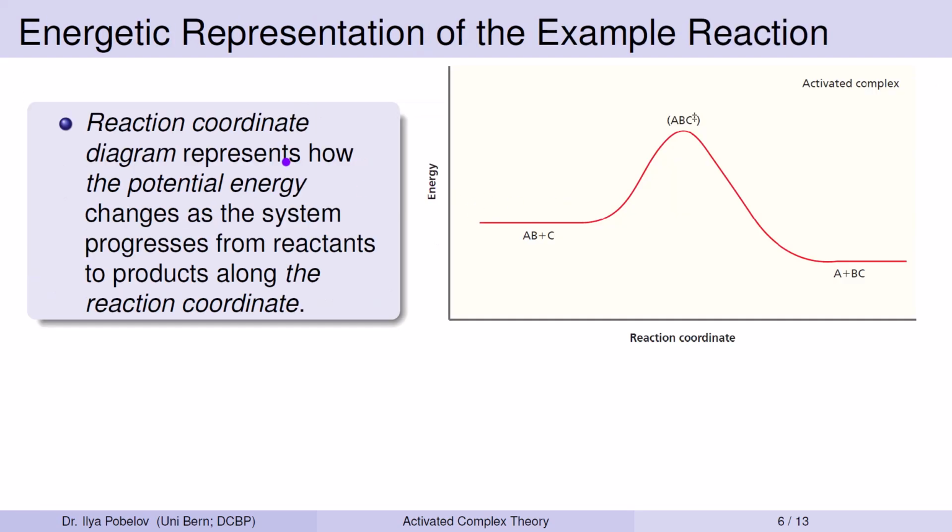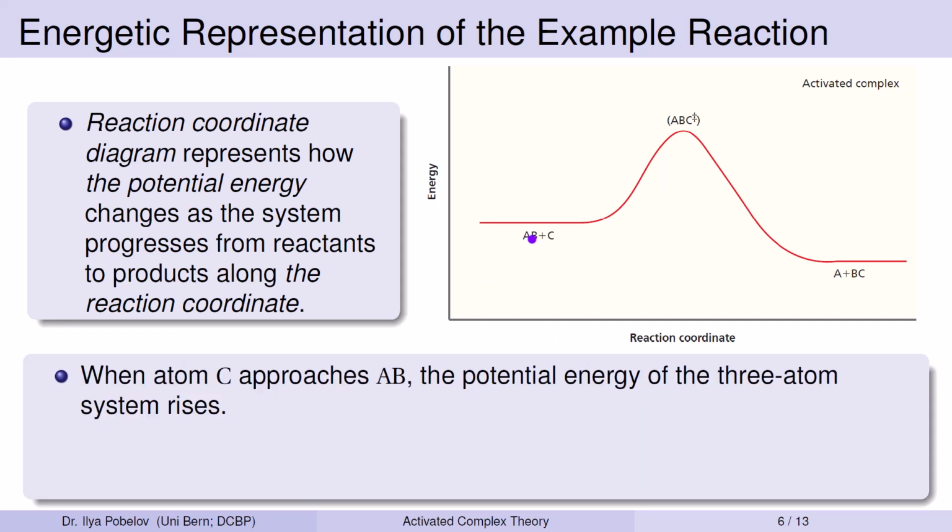Energetically, this reaction mechanism can be illustrated by the reaction coordinate diagram, which represents how the potential energy changes as the system progresses from reactants to products along the reaction coordinate. When atom C approaches AB, the potential energy of the three-atom system rises.